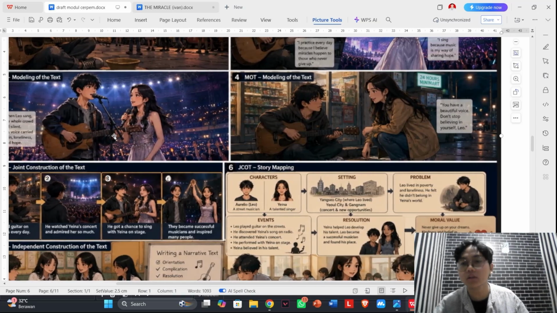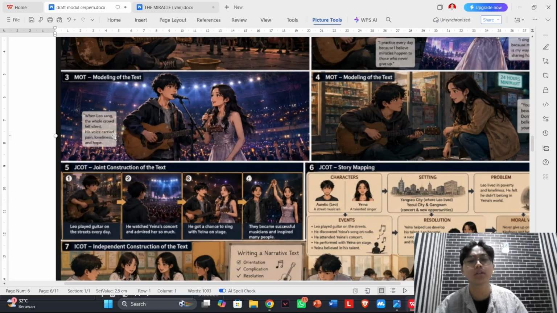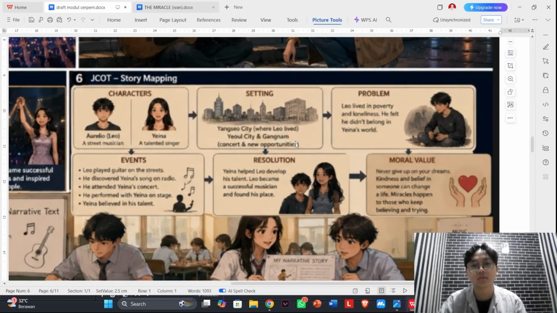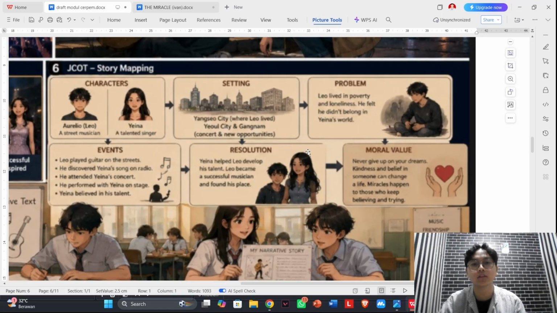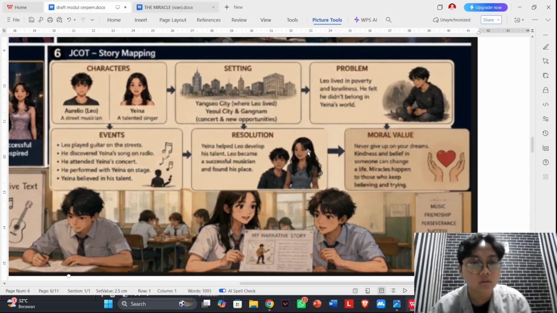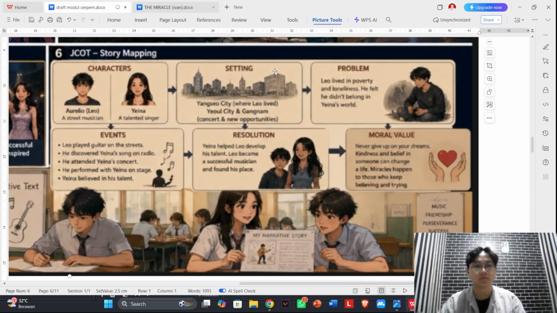Okay, guys, this is every scene of the learning objective. And then you can look at the story mapping, guys.